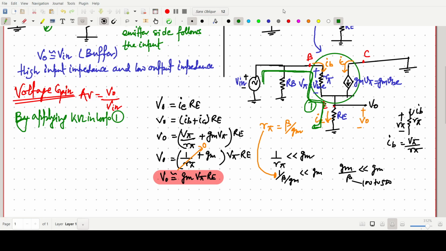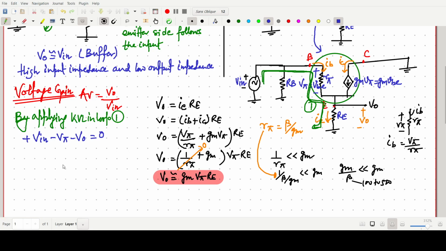What we can write simply is plus Vin minus v pi equals VB minus v pi, and this voltage is Vo. So we can write simply Vo equals 0. Very simple observation.